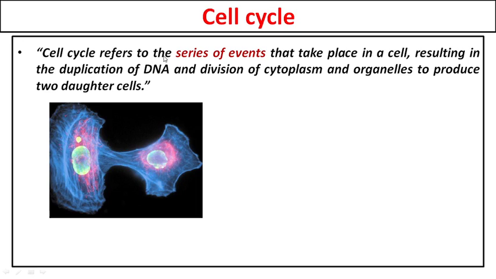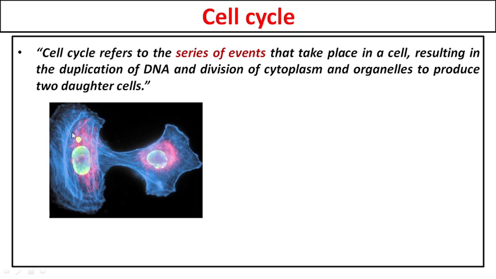It is not just one thing, it is a series of events, a lot of things happening one after the other that takes place in a cell. What does this series of events do? It results in duplication of DNA, so your DNA becomes double, and division of cytoplasm as well as organelles to produce two daughter cells.